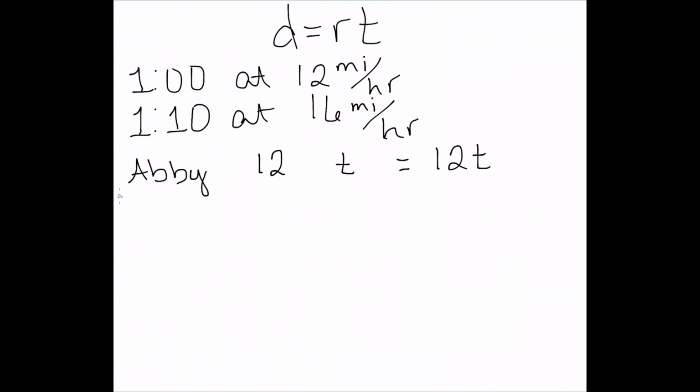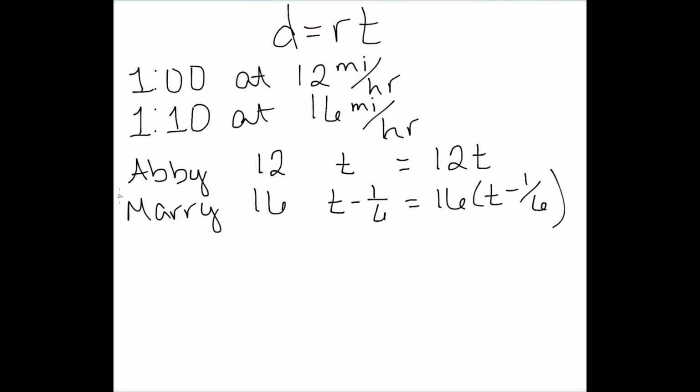Then Mary, her rate is 16, but her time is different. She has 10 minutes less. So 10 minutes is 1/6 of an hour, so T minus 1/6. Because she's been riding for 1/6 of an hour less time because she started 10 minutes later.